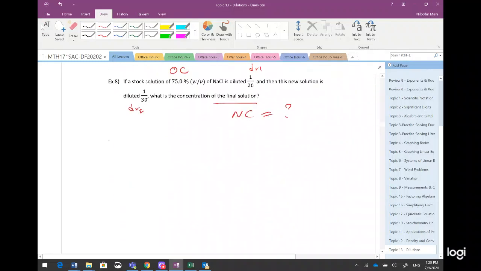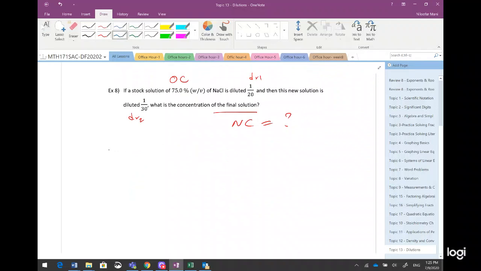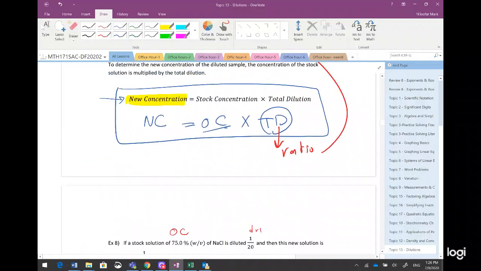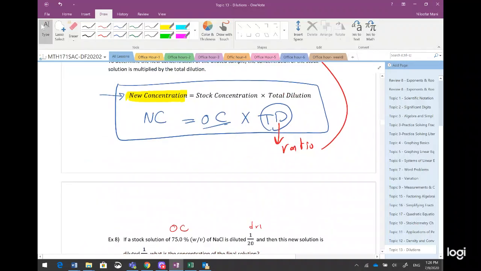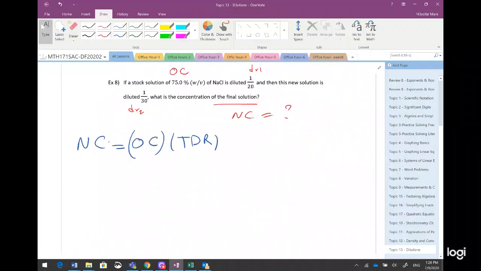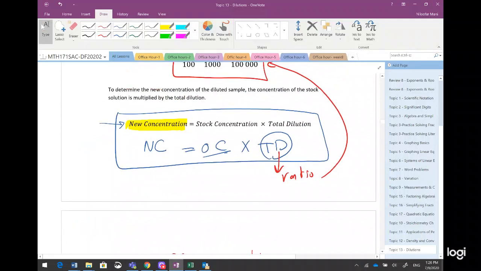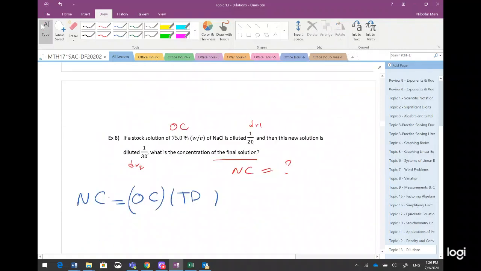So new concentration is old concentration multiplied by total dilution ratio.